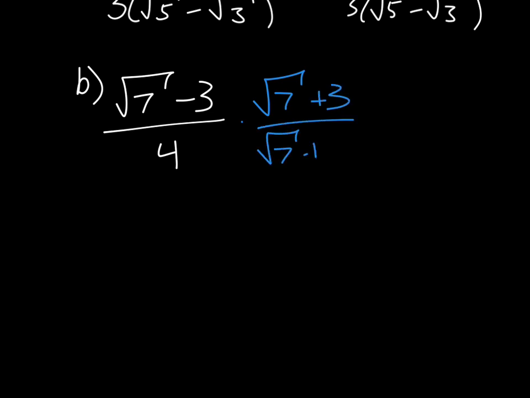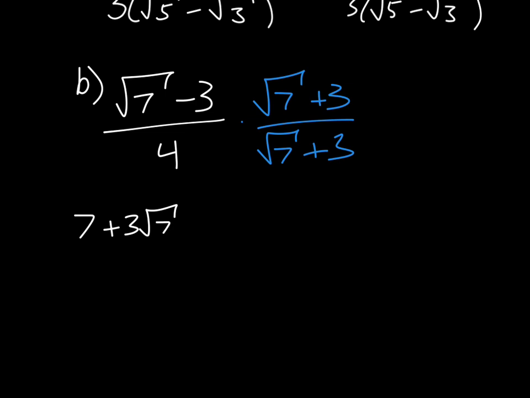Got to do it top and bottom because it's a version of 1. Foiling the top. So what happens when we foil the top? 7. It'll be 7 because it's the square root of 49. And then square root of 21. That wouldn't be, because that's an outside number and an inside number. So plus 3 square root of 7.